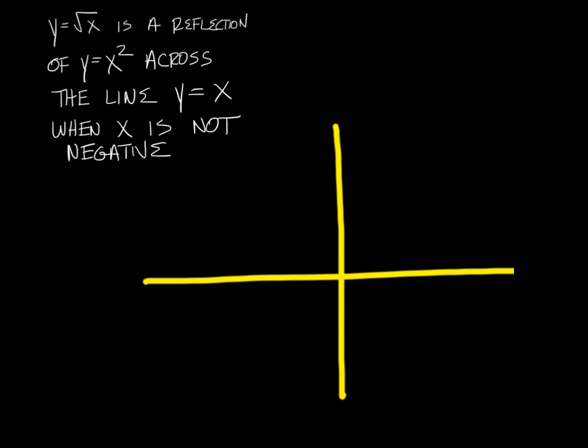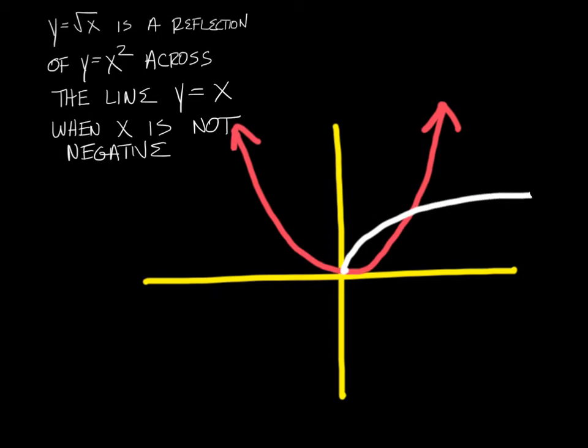Where you have this. And remember, the graph of x squared looked like that. And then the graph of the square root of x came out like this. When it says across the line y equals x, it is talking about this.